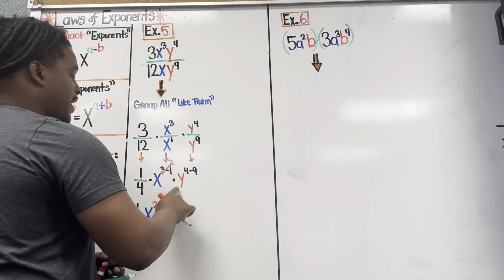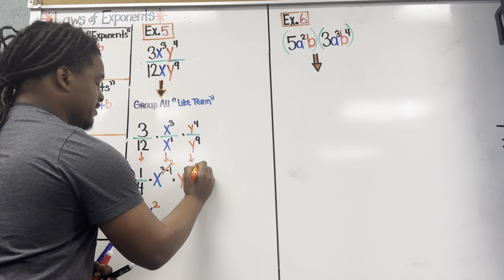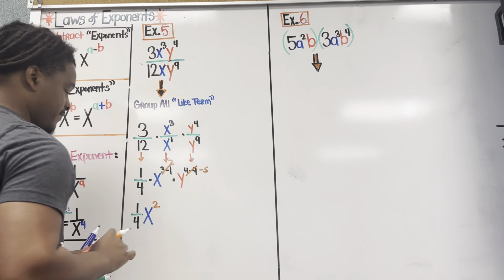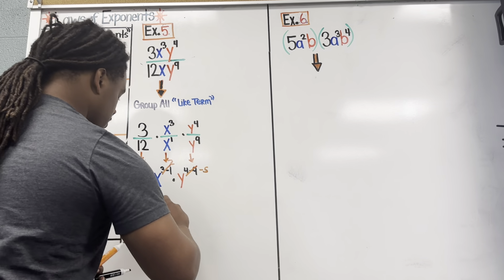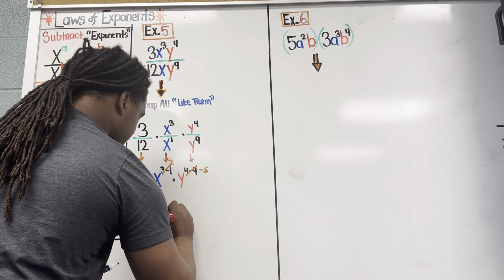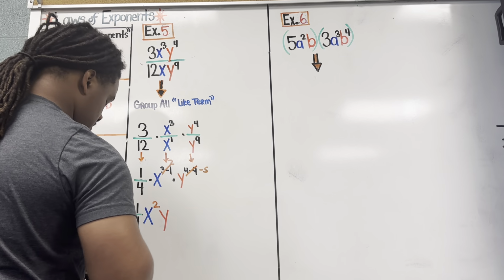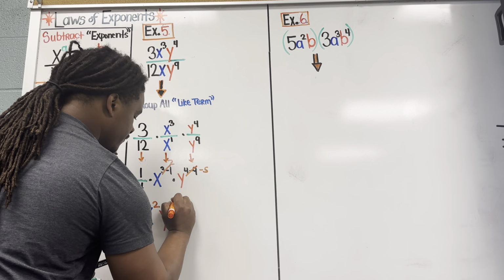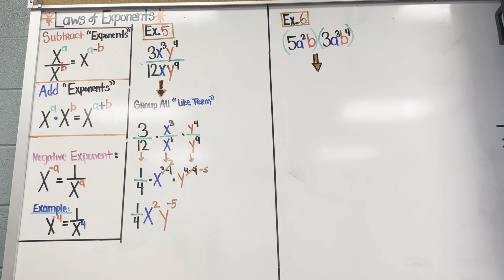And then for the y, 4 minus 9 actually equals negative 5. So now this is going to be times y to the negative fifth power, okay? But remember, guys, we have one more rule. Whenever we have a value with a negative exponent, like for example x to the negative fourth power, we have to change that to 1 over x to the positive fourth power.